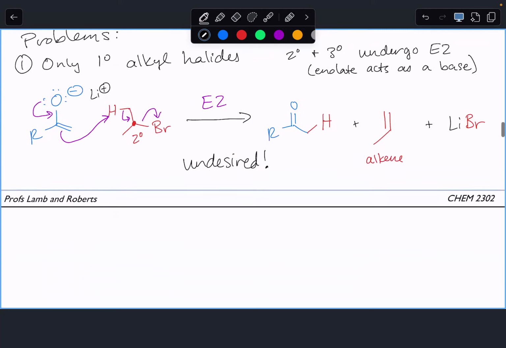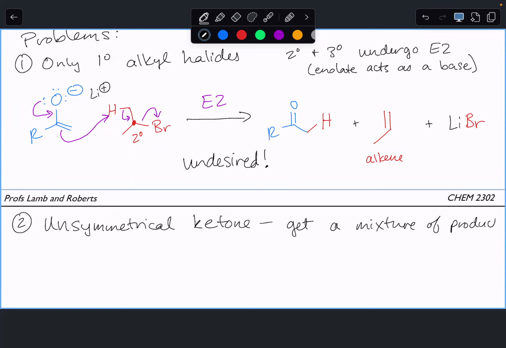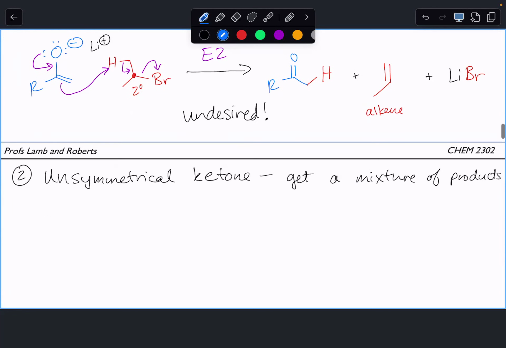The second problem is a problem of selectivity. So if you have an unsymmetrical ketone, you can get a mixture of products. So let's look at an example of that. Say we have this ketone. It's unsymmetrical because one side has that additional methyl group, the other side does not.